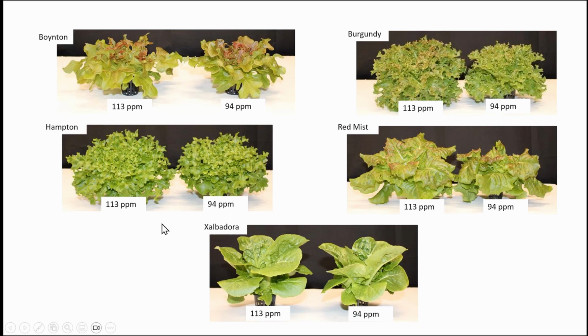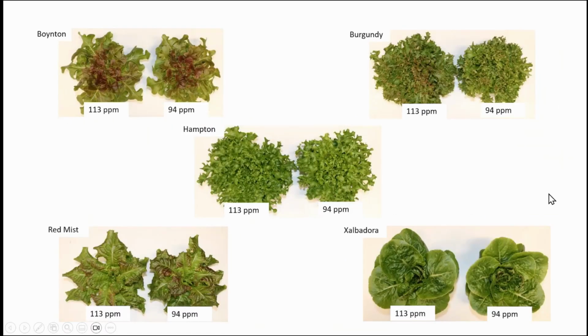And Hampton is also significant, and Jabodora. And from the top view perspective, you can also learn that for different cultivars, sometimes they resulted in smaller plants after you reduce the nitrogen rate in the nutrient solution.